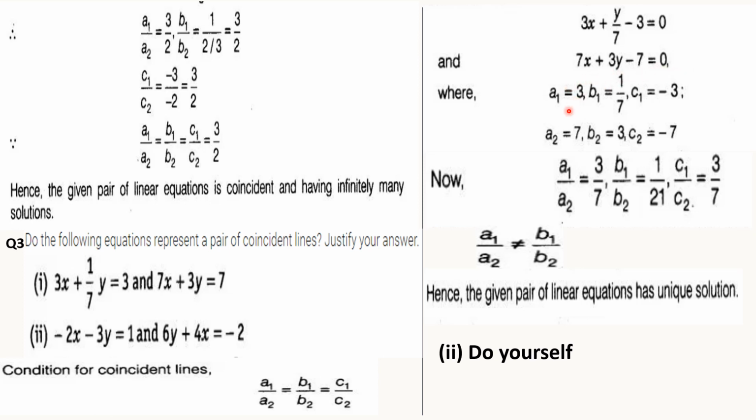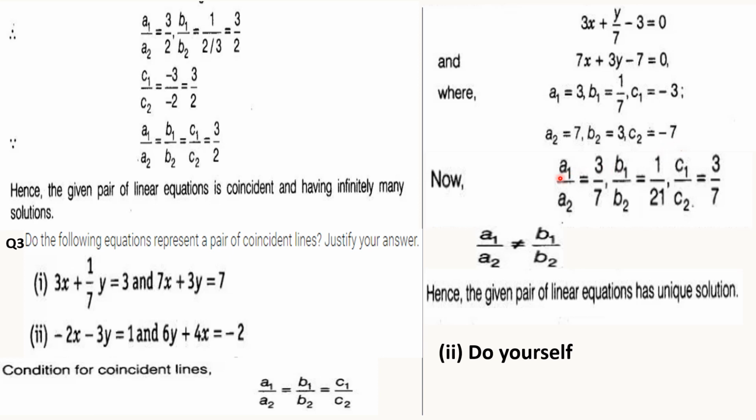Now let us find the ratios of coefficients. First, the values: a1 is 3, b1 is 1 upon 7, c1 is minus 3, a2 is 7, b2 is 3, and c2 is minus 7.